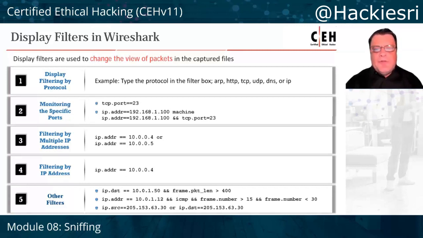Example, type the protocol in the filter box, that being ARP, HTTP, TCP, UDP, DNS, or IP. Second, what you can do is monitor specific ports by typing them in as shown. You can also filter by multiple IP addresses, again, very useful, or filter by IP addresses singularly. Other filters include those that are shown on the bottom number 5 readout.